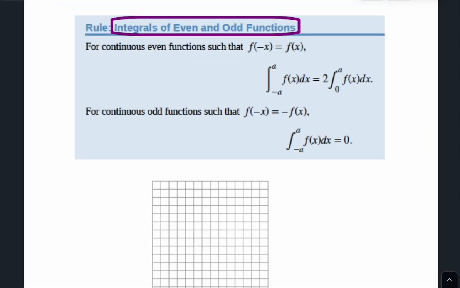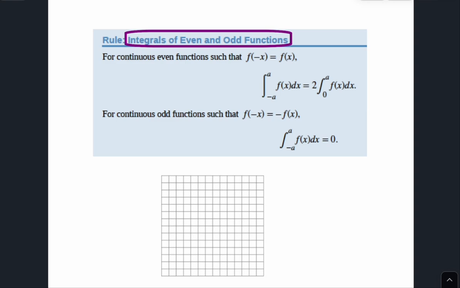Now, some things to think about. If a function is even, so this first case is if a function is even, it has y-axis symmetry. So if we looked at its picture, a perfect example is f of x equals x squared.